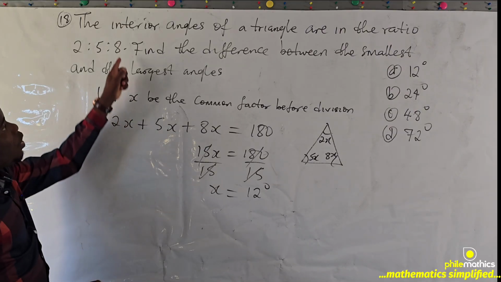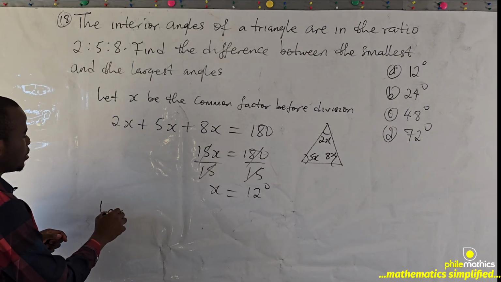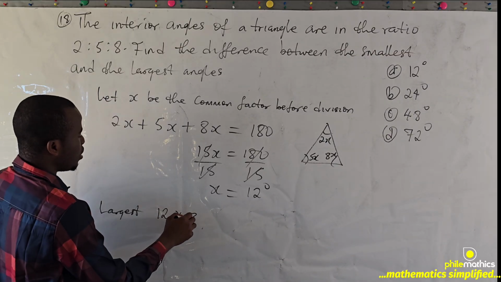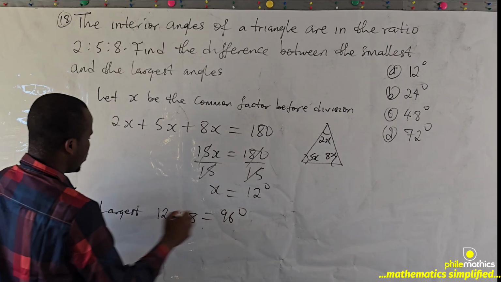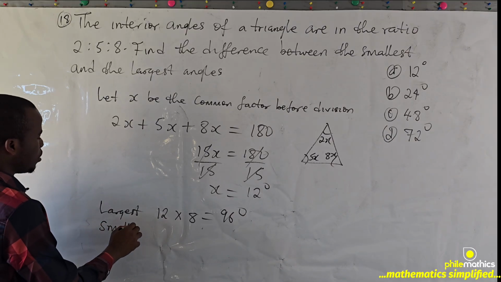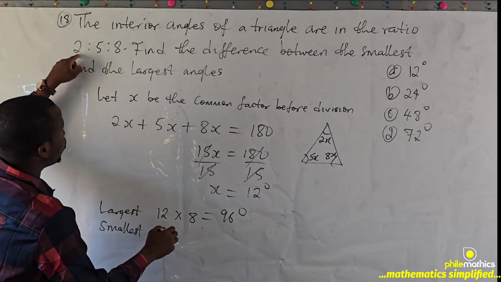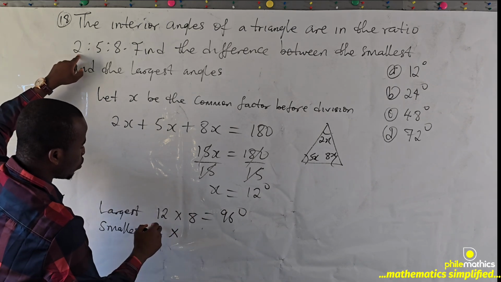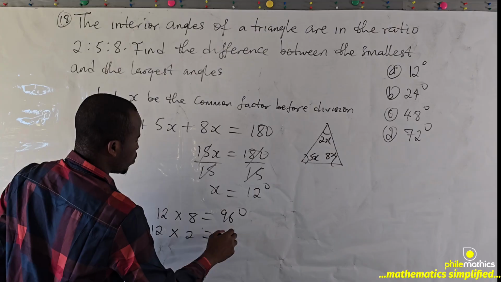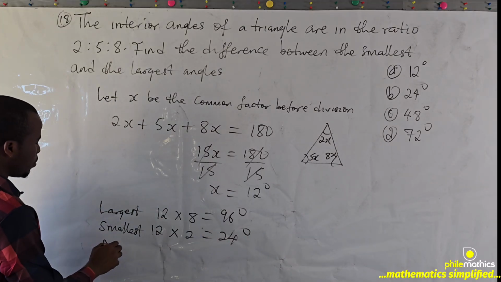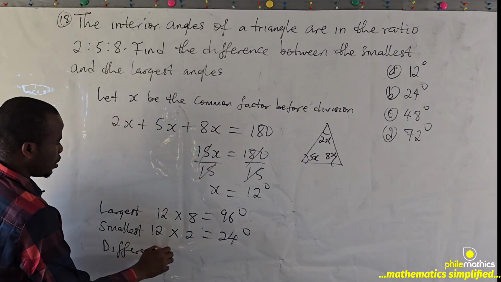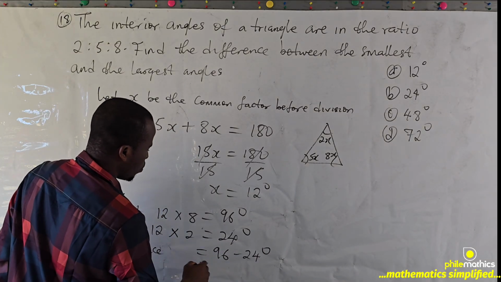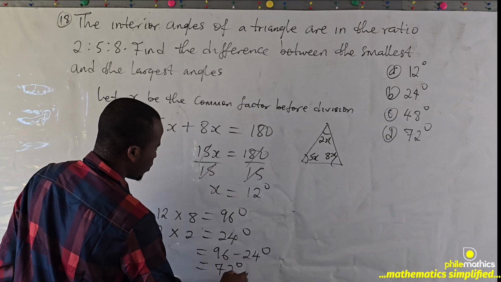Now, the largest will be 12 times 8, which is 96 degrees. The smallest will be 12 times 2, which is 24. So the difference is simply 96 minus 24 degrees, which is 72 degrees.